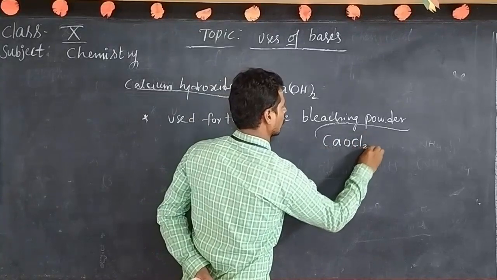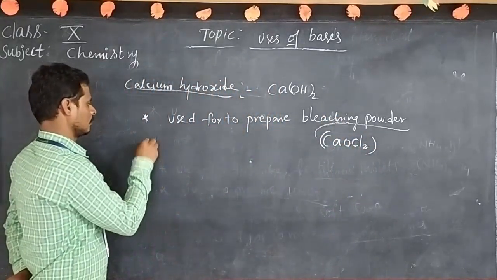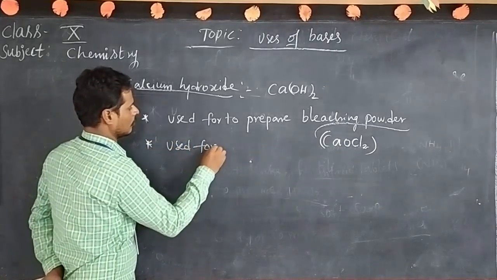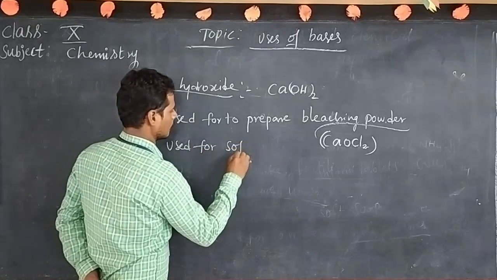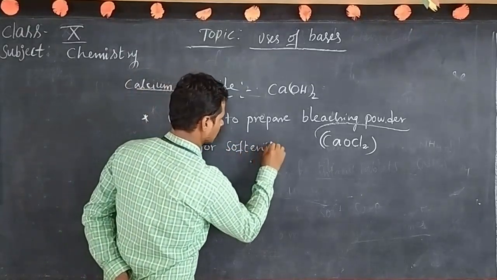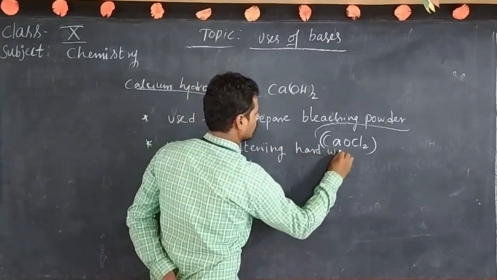Calcium oxychloride. Used for softening of hard water.